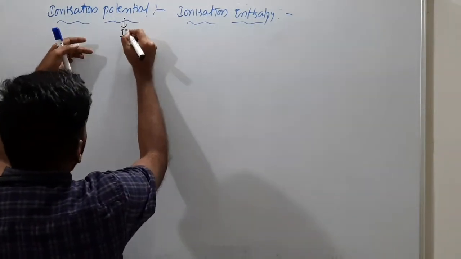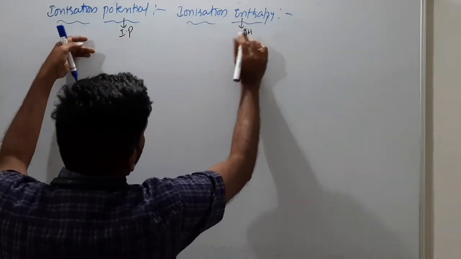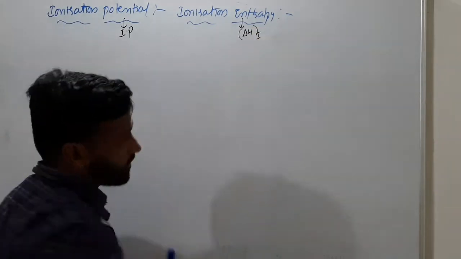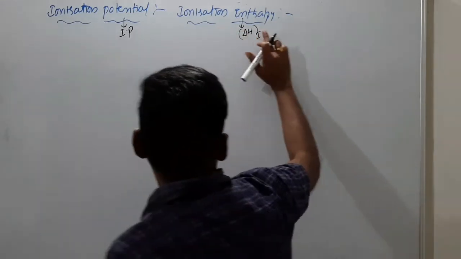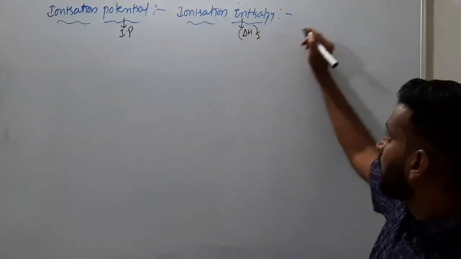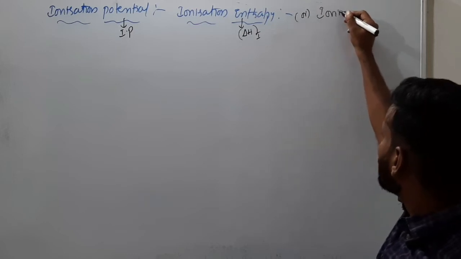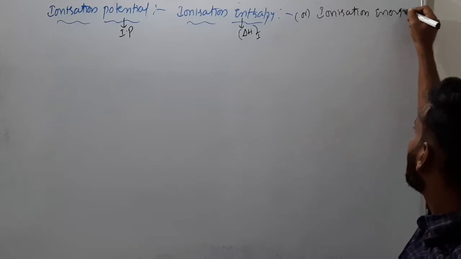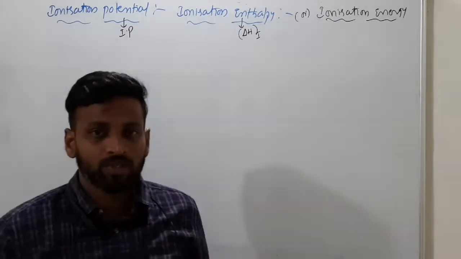This we call IP simply, or delta H, ionization enthalpy, or else we use one more, that is ionization energy. First I will give the definition for this.